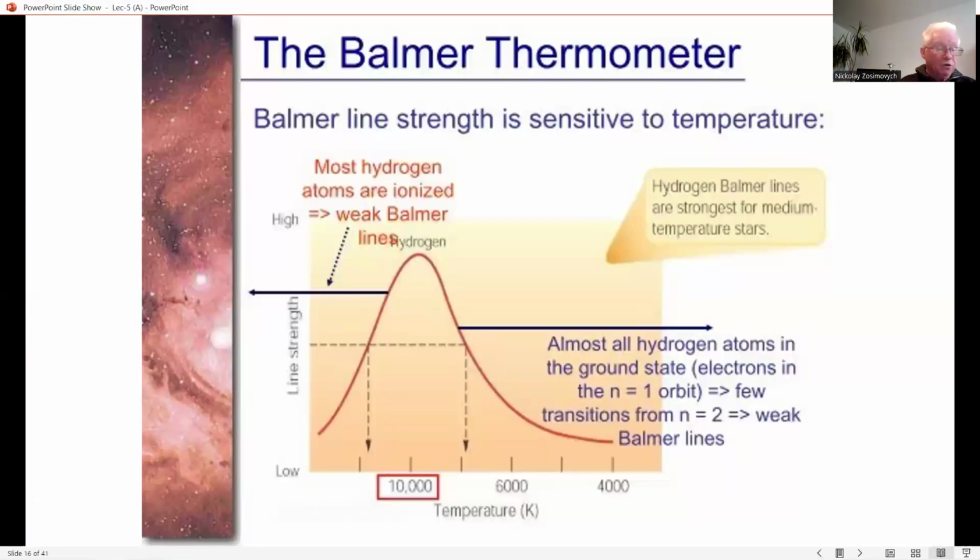Stars are very hot deep inside, but the light that forms a spectrum comes from the gases of the surface. So the spectrum tells you about the surface.